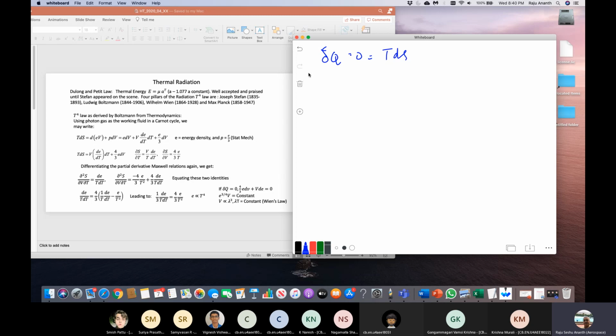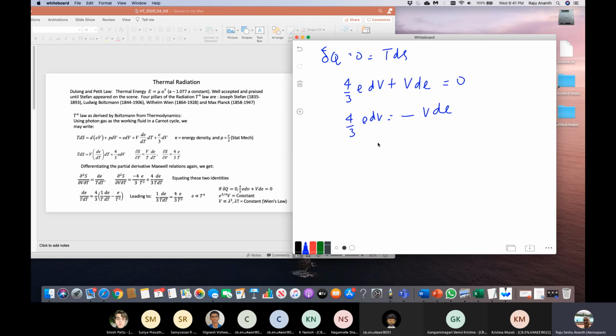So we can go back and look at the equation earlier. 4/3 E dV plus V dE, because dT/T gets cancelled, is 0. So what happened here? So 4/3 E dV is minus V dE.